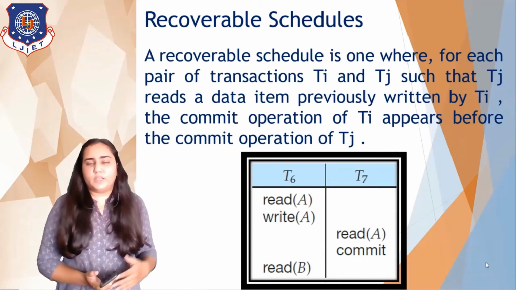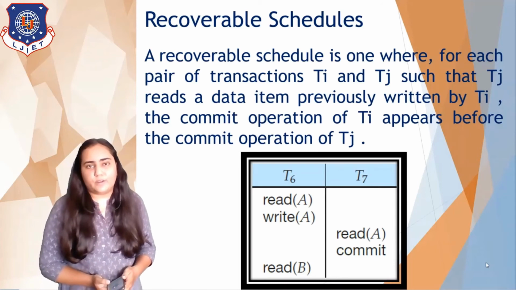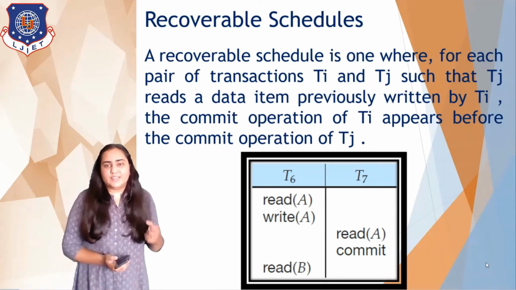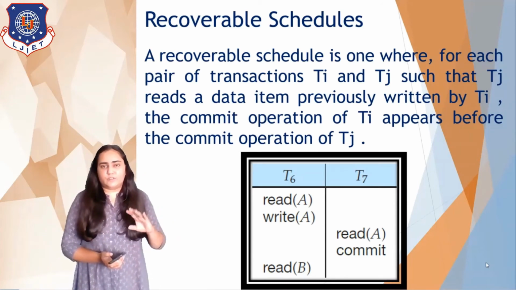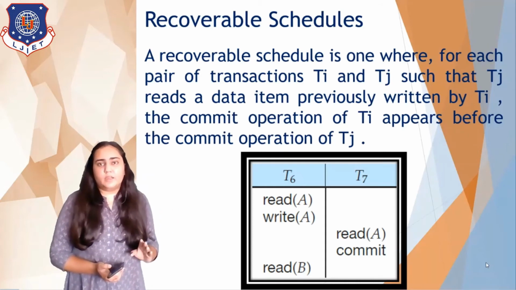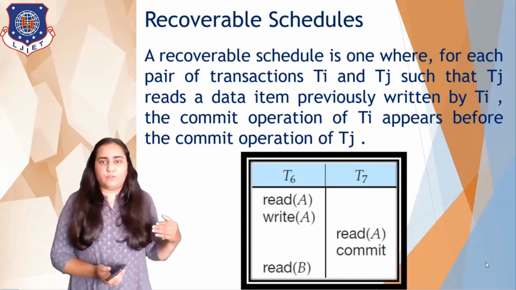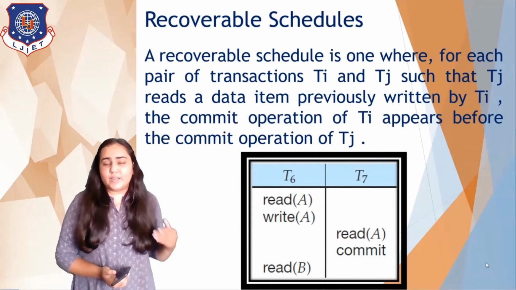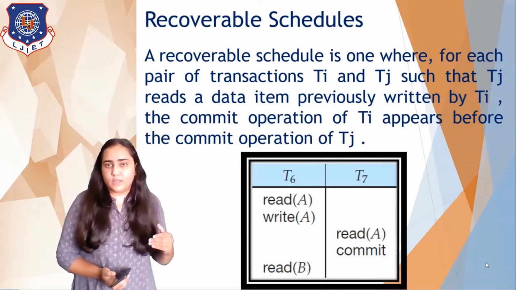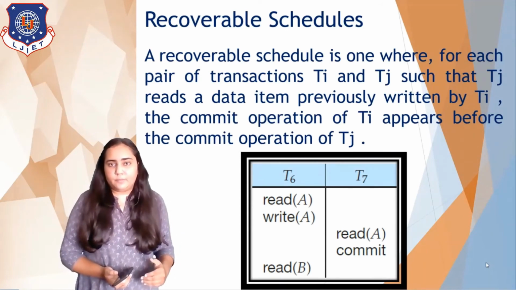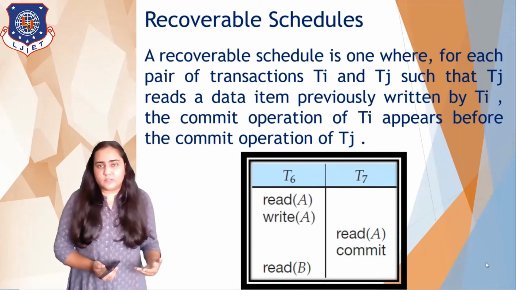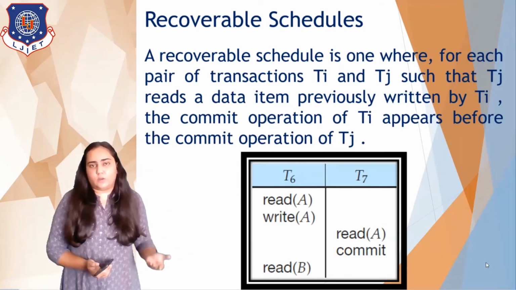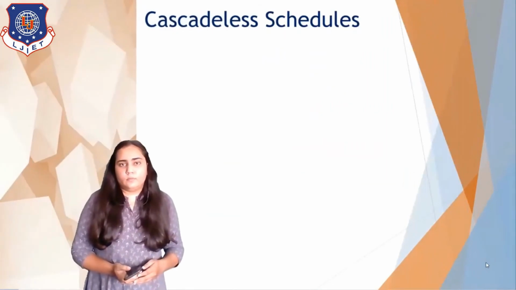So that's why there is this definition of recoverable schedule, which says that if there are two transactions Ti and Tj, and Tj is reading something written by Ti, then Ti must commit first, and then Tj should commit. So that if Ti fails, we can always roll back Tj also.